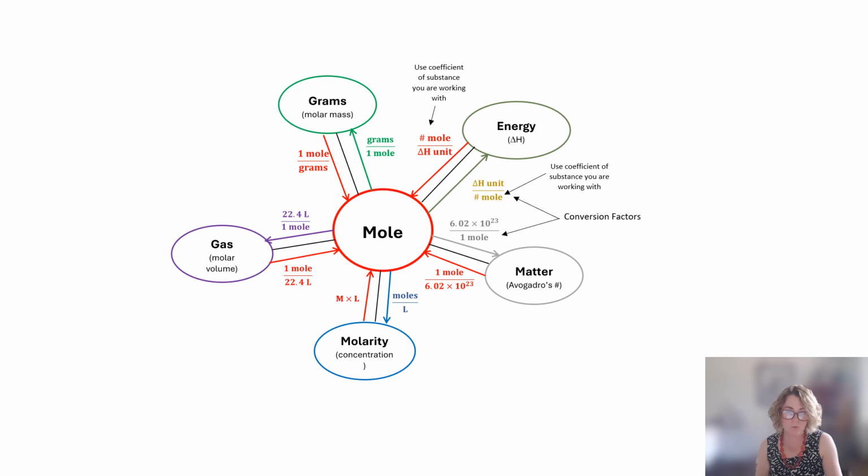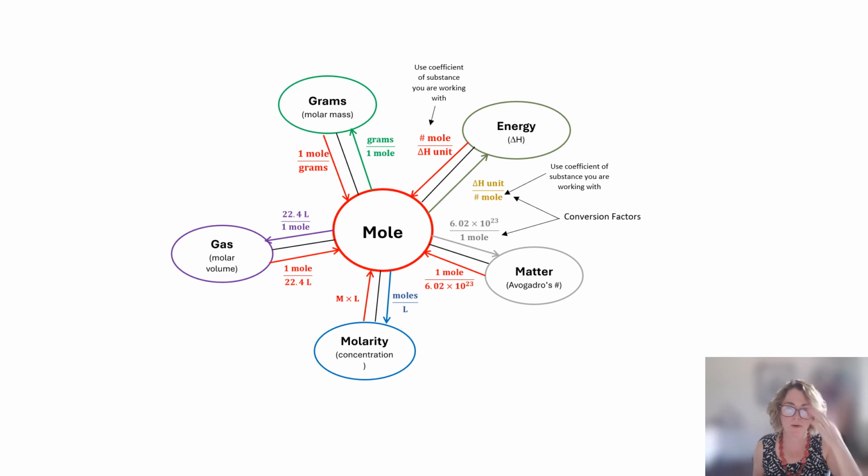Okay, so here's our mole map, right? We have used this a whole bunch this semester. We've gone from grams to moles. We haven't dealt with gases yet, but we'll deal with gases a little bit later. We've talked about concentration, and how to go back and forth between molarity and moles.